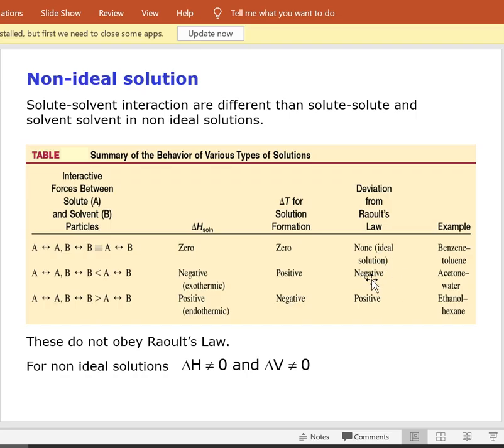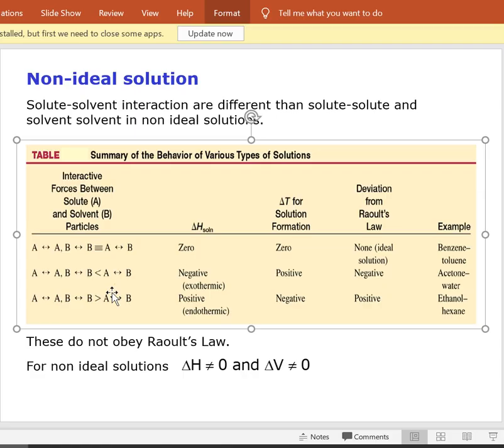That is negative deviation. In the negative deviation, AA means solute-solute interaction, B is the solvent-solvent interaction, and that is the solute-solvent interaction. Solute-solvent interaction is greater than solute-solute or solvent-solvent interaction.